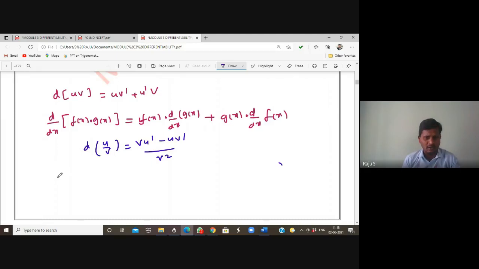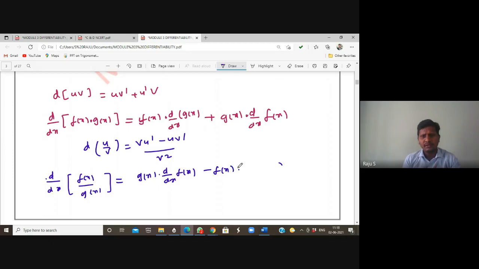When we write it in terms of the x variable, d by dx of f x by g x is equal to g of x into d by dx of f of x minus f of x into d by dx of g of x, all divided by g of x the whole square. I have written the above formula like this.